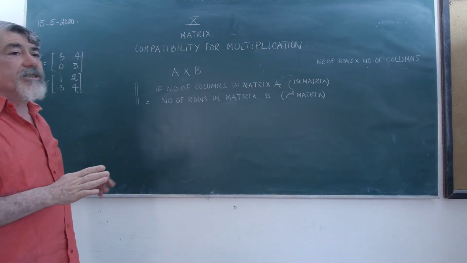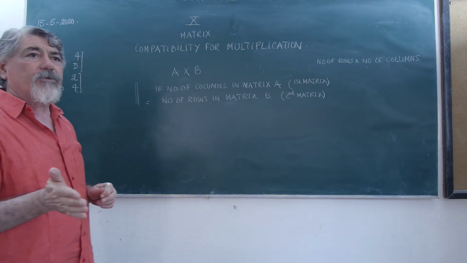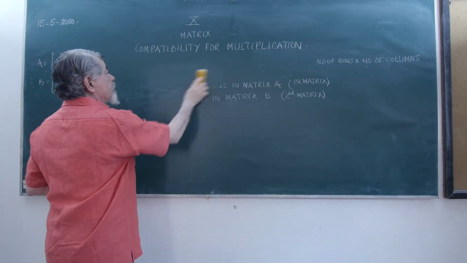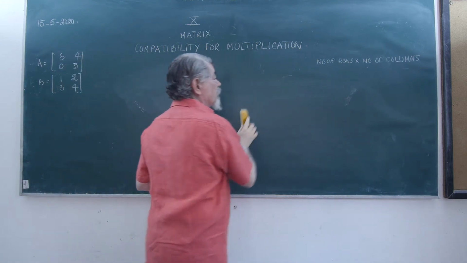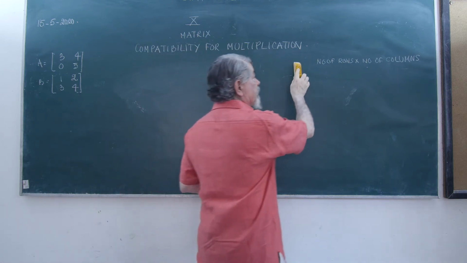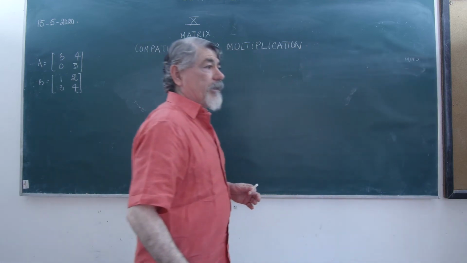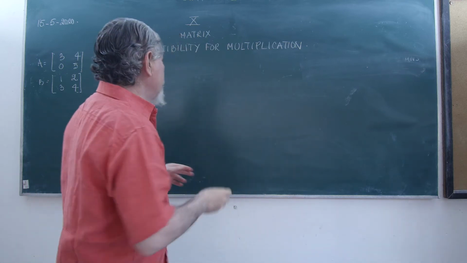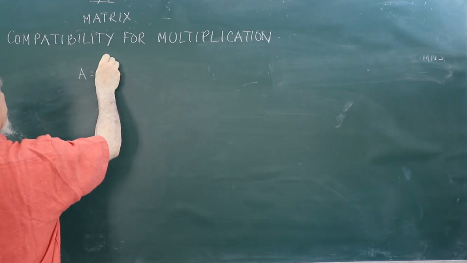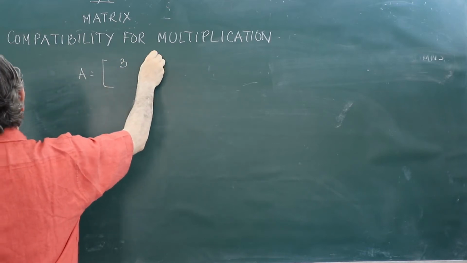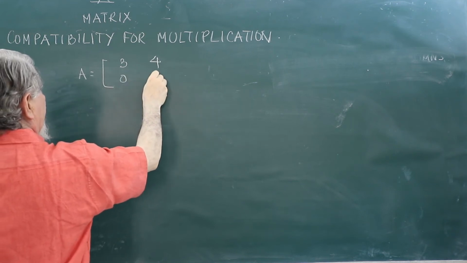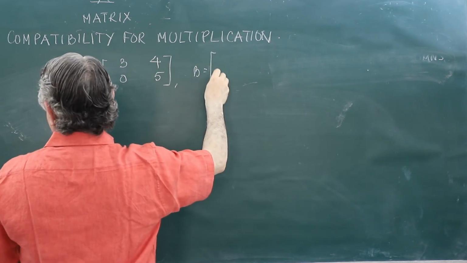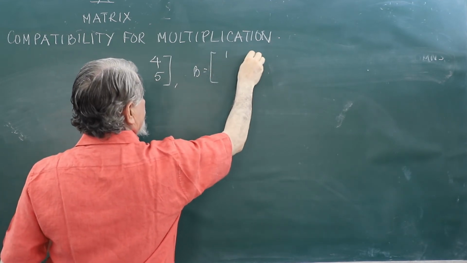So now we are going to discuss how we multiply one matrix with another. First of all, as I said, number of columns in the first matrix should be equal to number of rows in the second matrix. Here we have two square matrices of the same order, like A, which is 3, 4, 0, 5, and then B, which is 1, 2, 3, 4.